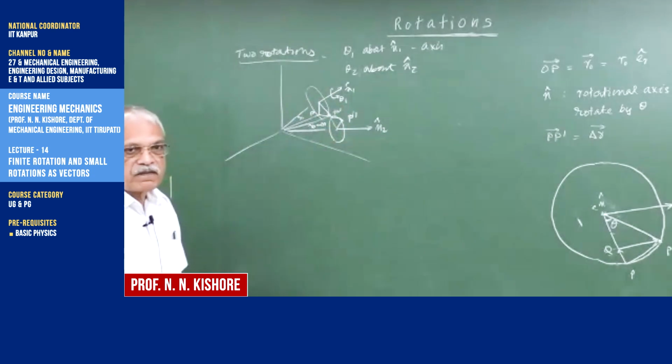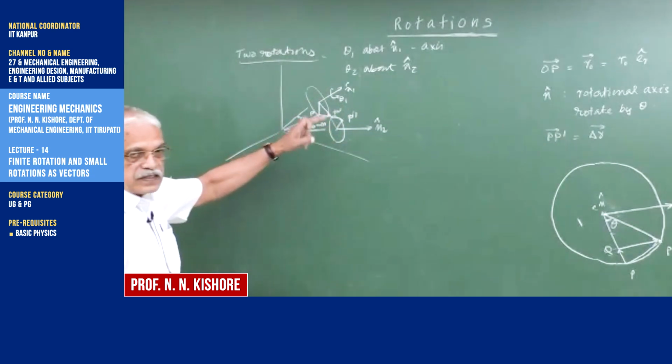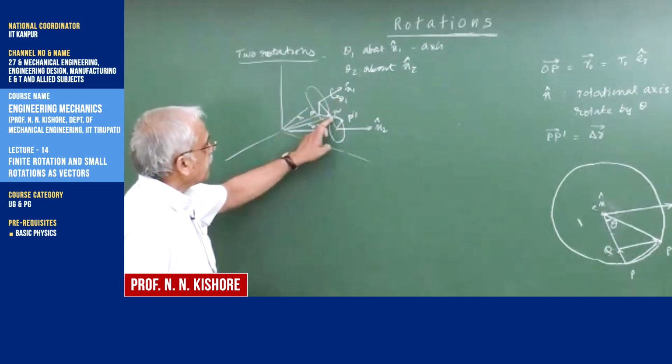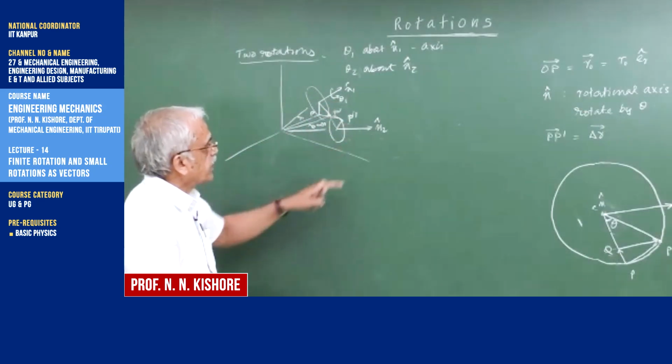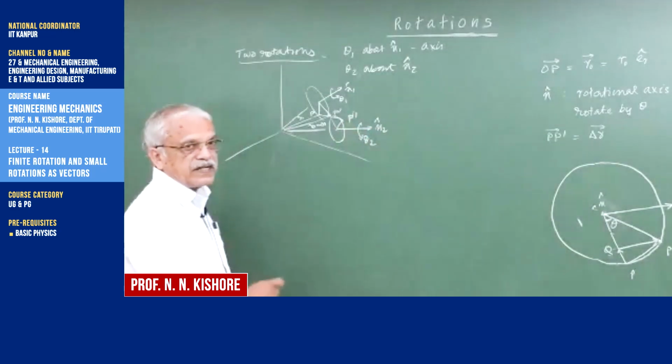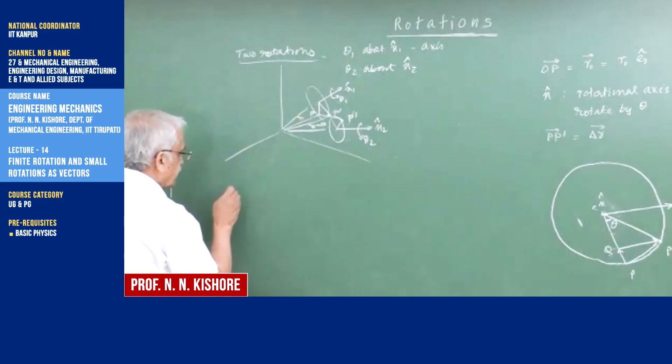I hope you have understood. Just like we did, P to P prime by a rotation of theta 1, and P prime to P double prime by a rotation of theta 2 about the n2 axis. So that's what I've written here.